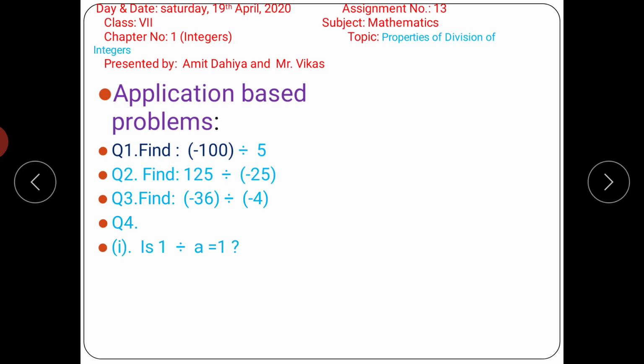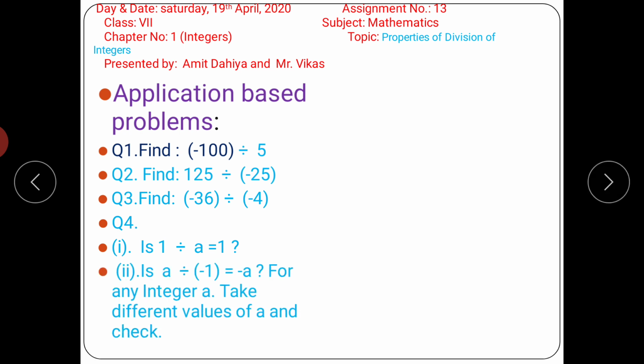Question number 4: is 1 divided by a equal to 1? Check the second part: is a divided by minus 1 equal to minus a for any integer a? Take different values of a and check it. Solution, let's start.